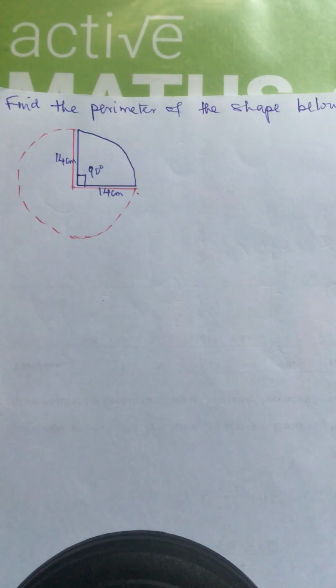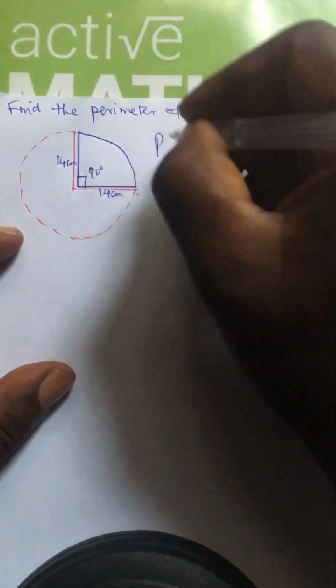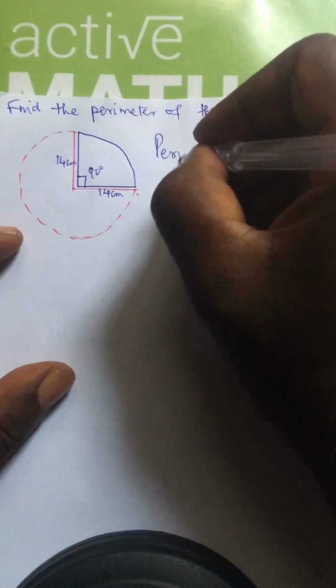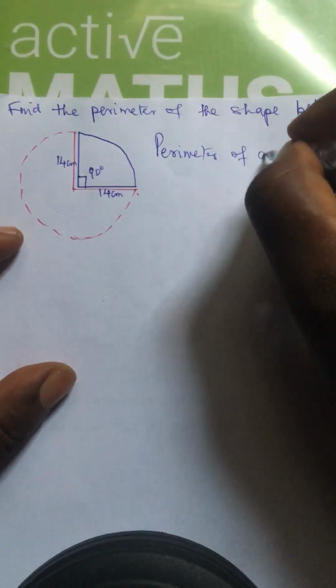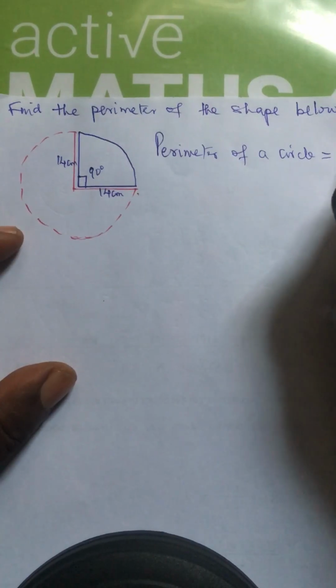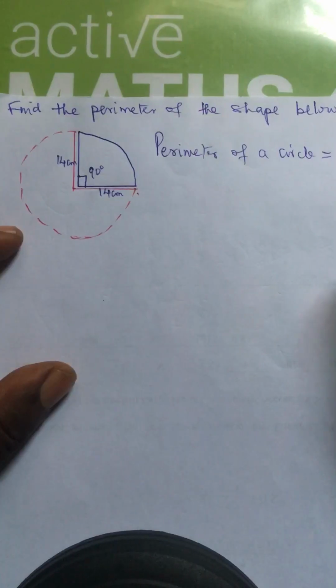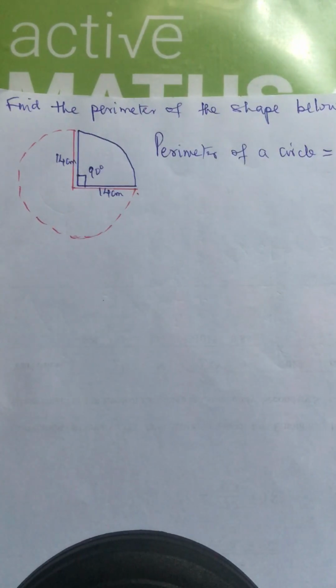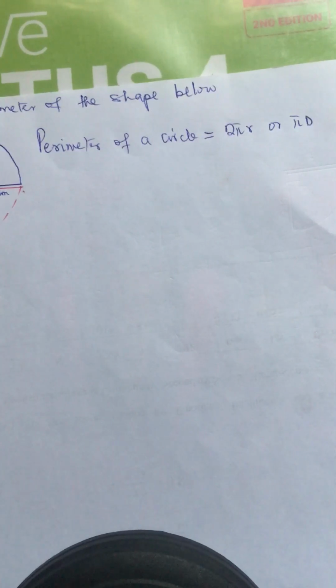Is that okay? Now, I told you that the perimeter of a circle is equal to 2 pi r or pi d. r is the radius, while d is the diameter.